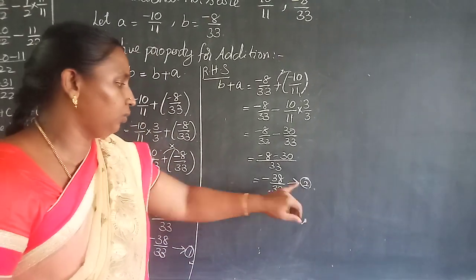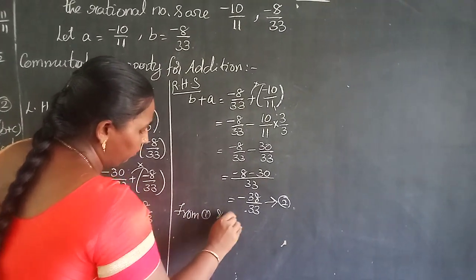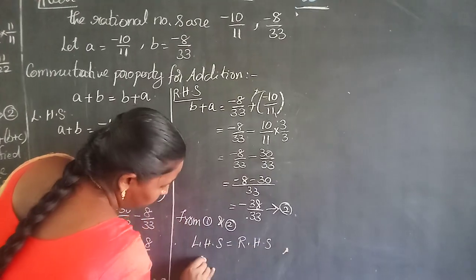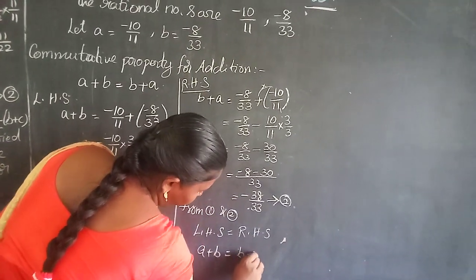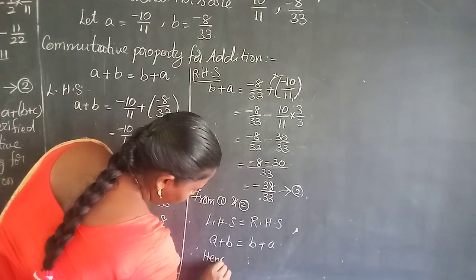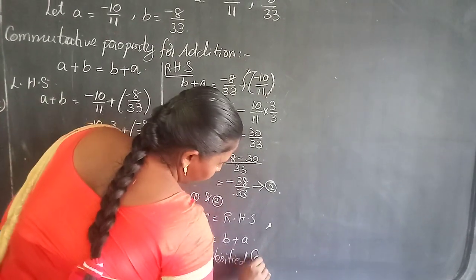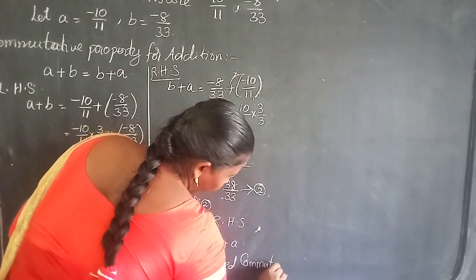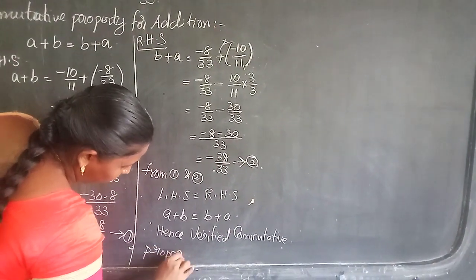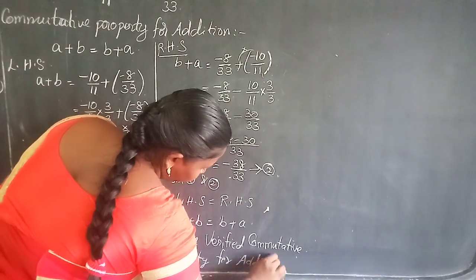See, from 1 and 2 we can observe LHS equal to RHS, that is A plus B equal to B plus A. So therefore hence verified. What property is this? Commutative property for addition. Okay.